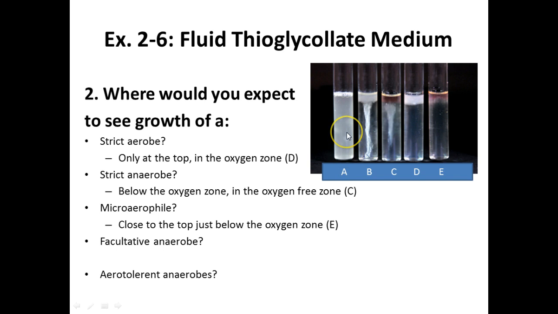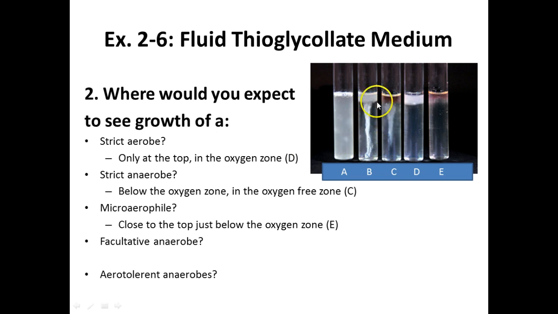It's pretty uniform all throughout the tube, really no difference between our oxygen and non-oxygen zone. Where for B, do you see how there's more growth here and then less growth in the non-oxygen zone, in the anaerobic zone? This is our facultative anaerobe.